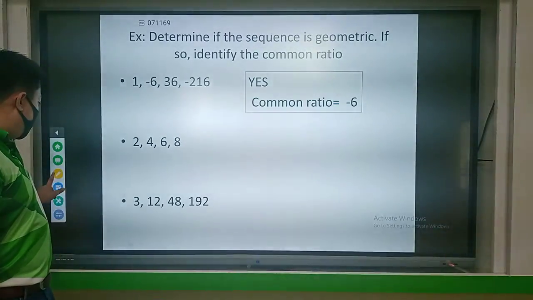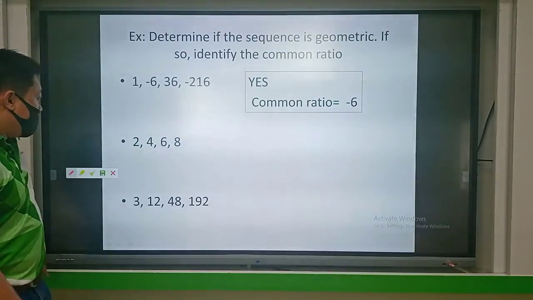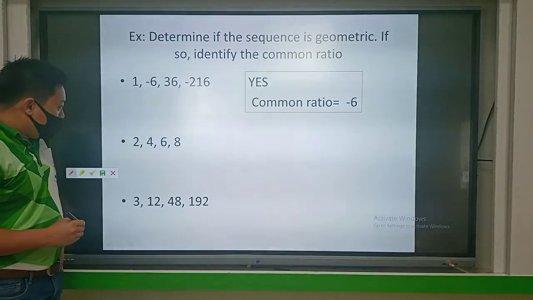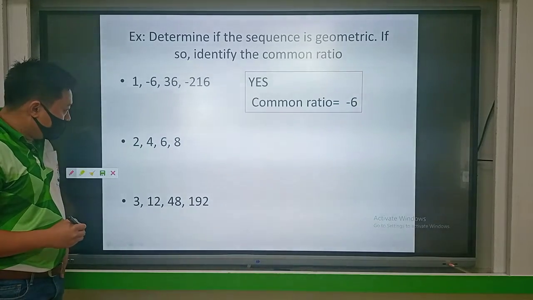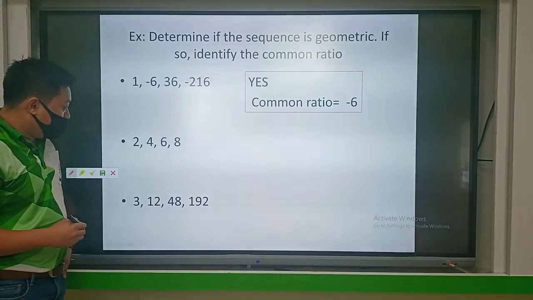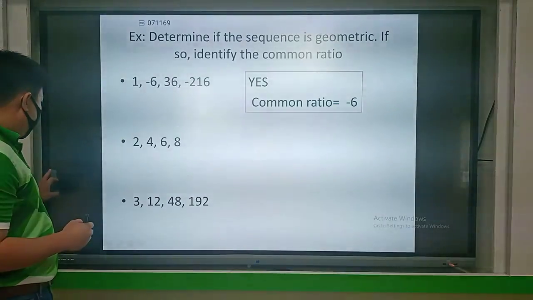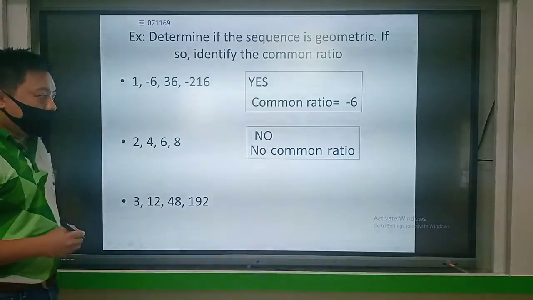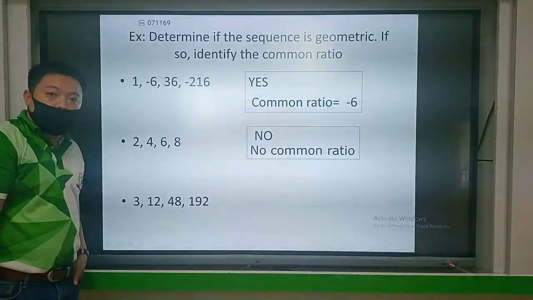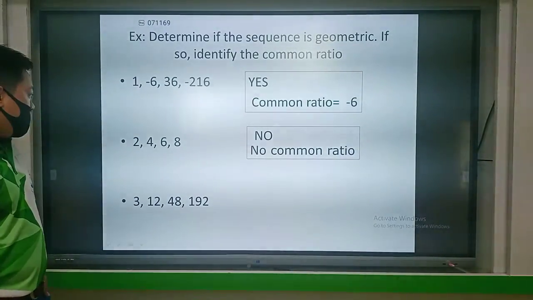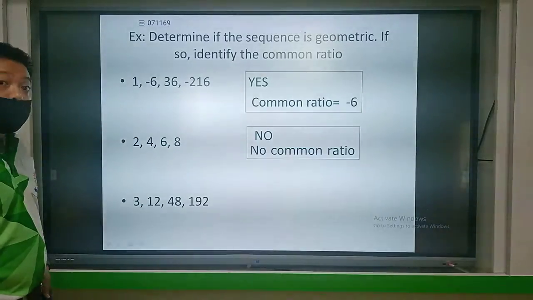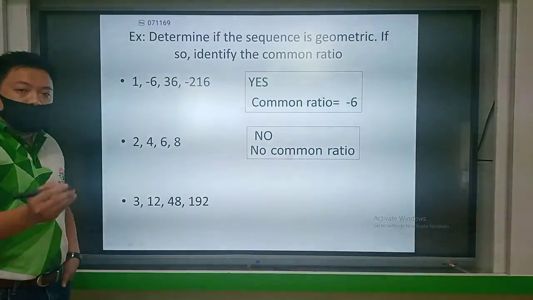How about the second example? 2, 4, 6, 8. What do you think? No, there is no common ratio. Instead, it is an arithmetic sequence.